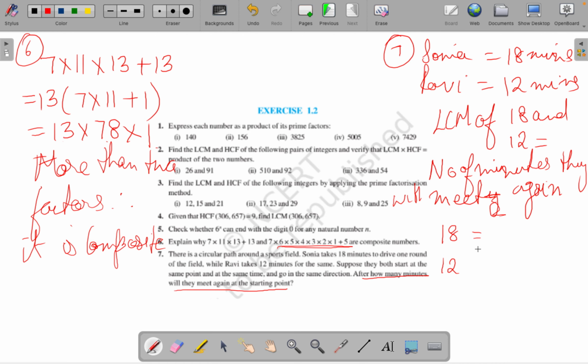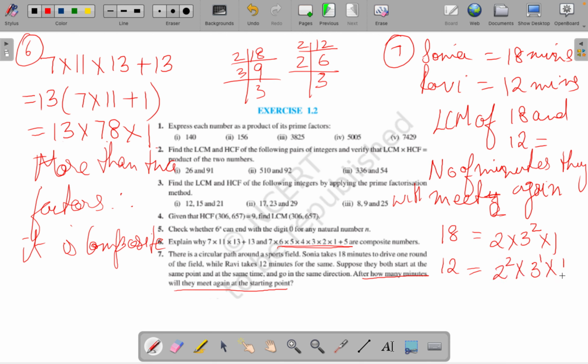So 18 के प्राइम फैक्टर्स, this 2, 9, 3, 3, right? So 2 into 3 की power 2 into 1 obviously. Similarly 12 करना है तो 2, 6, 2, 3. So 2 to the power 2, 3 to the power 1 into 1.